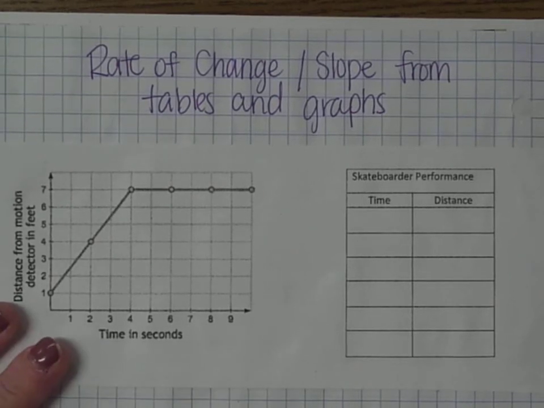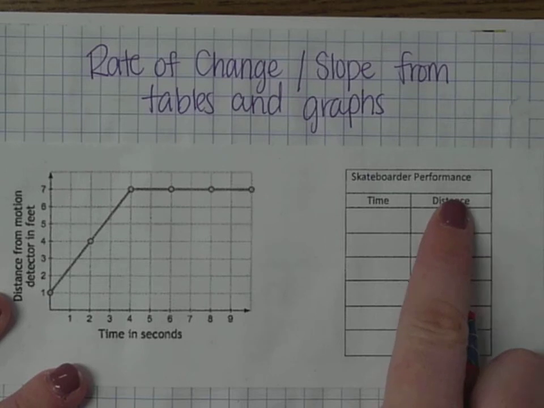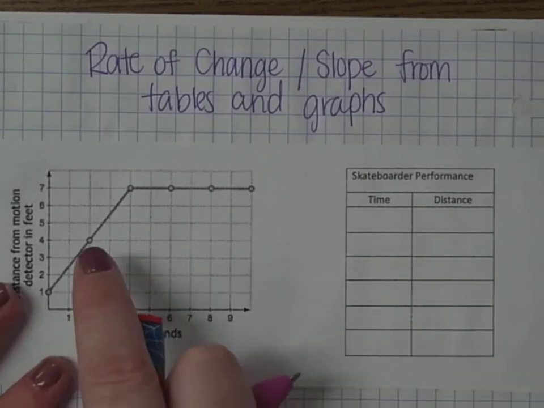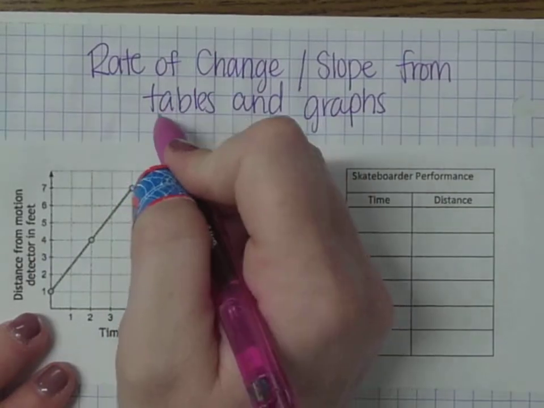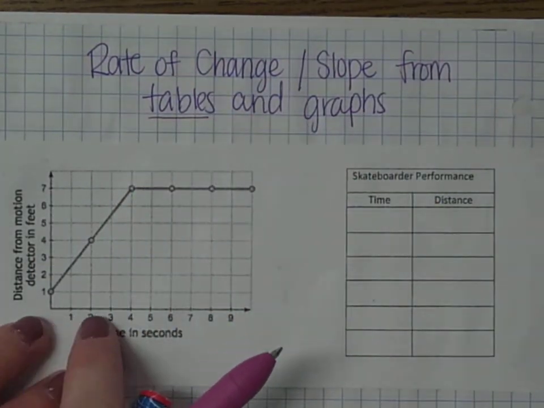Okay, so notice this is talking about the skateboarder's performance. Here's our time, here's our distance. Since we were talking about tables, we need to actually pull the values off of the table.